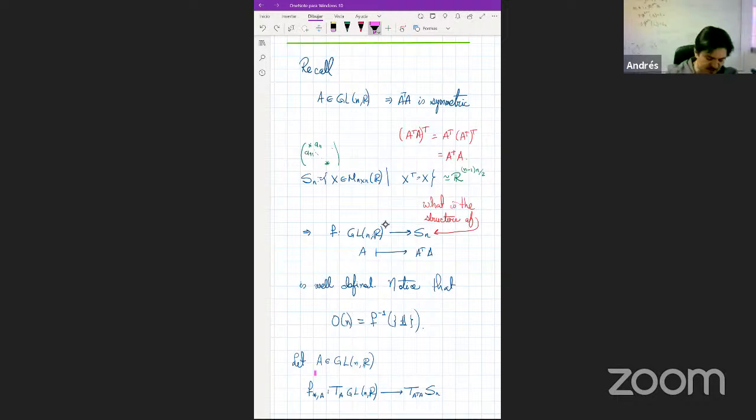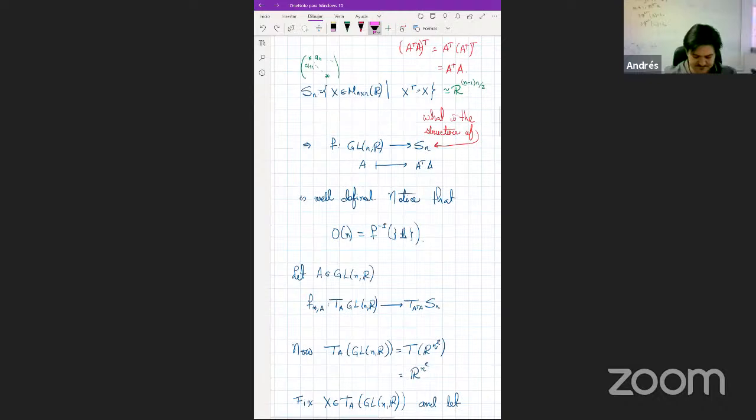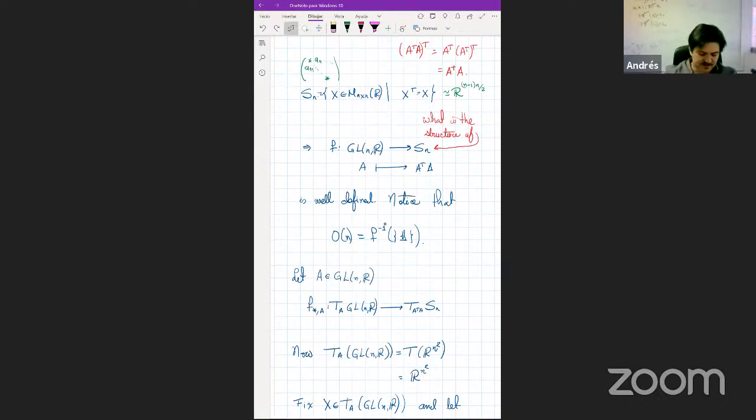I'm taking general A, but of course, we will only require to take A on the smaller set. Again, because GL is open, the tangent space can be identified with R n squared, which is basically the set of n by n matrices.